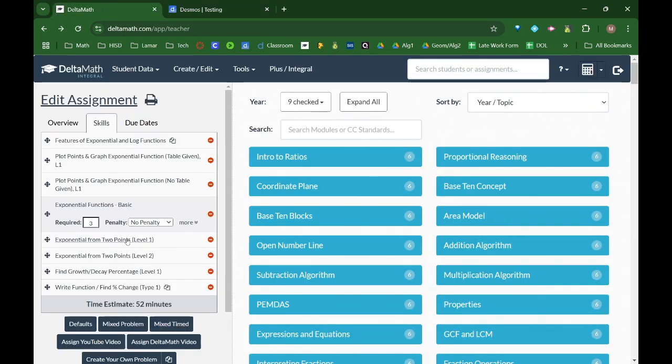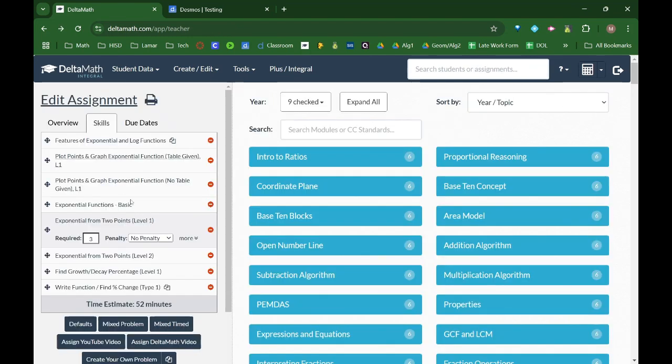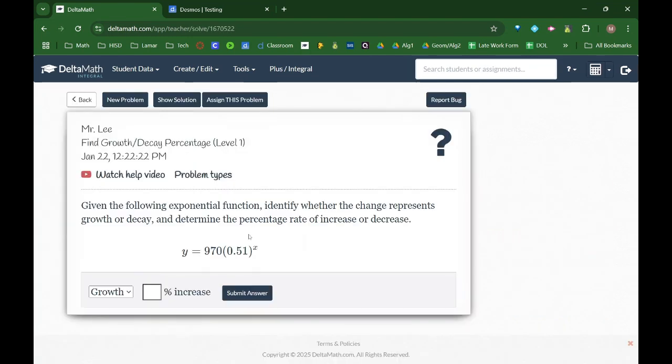Let's try some other ones here. Actually, I'm going to jump to this section here because this is similar. We're looking for the growth or decay percentage.